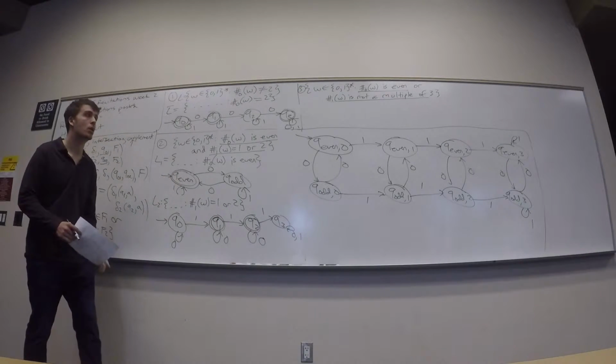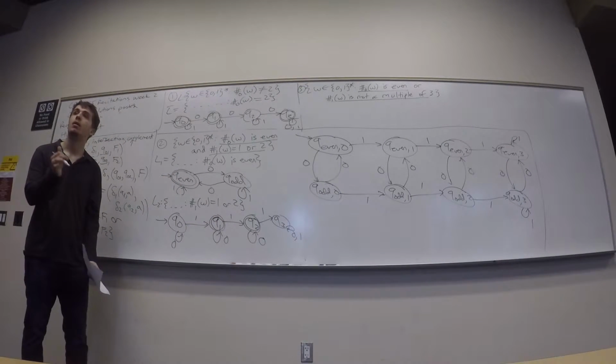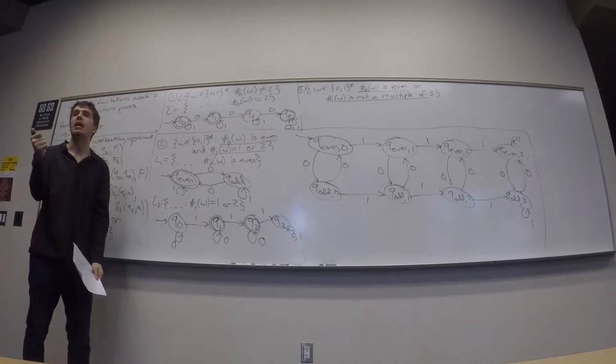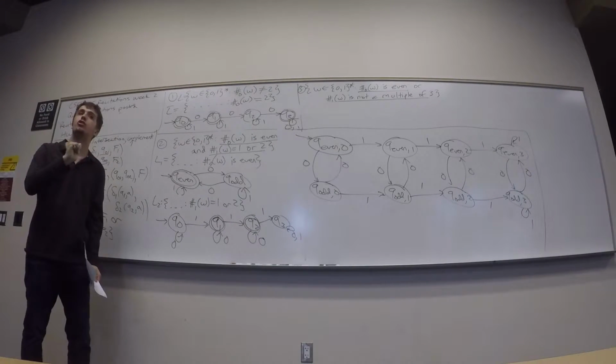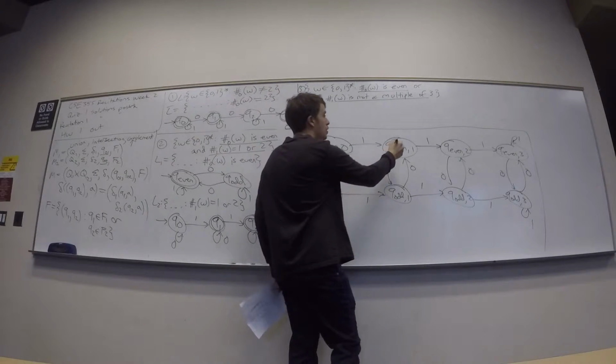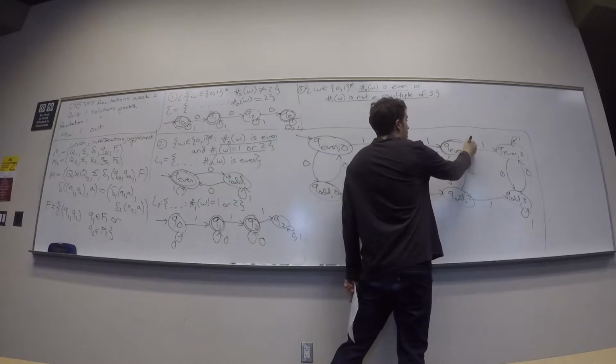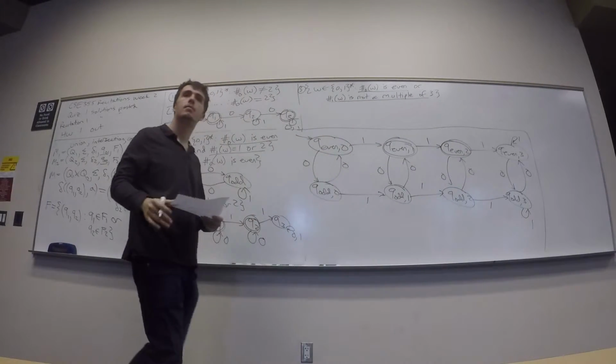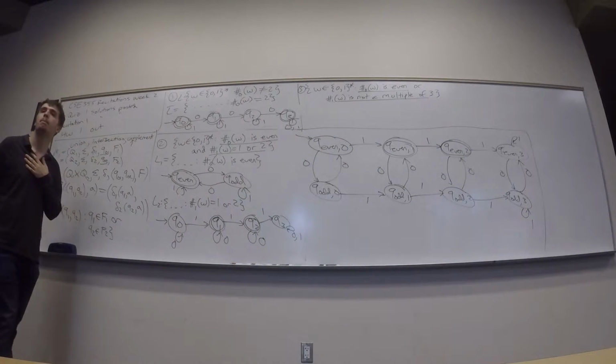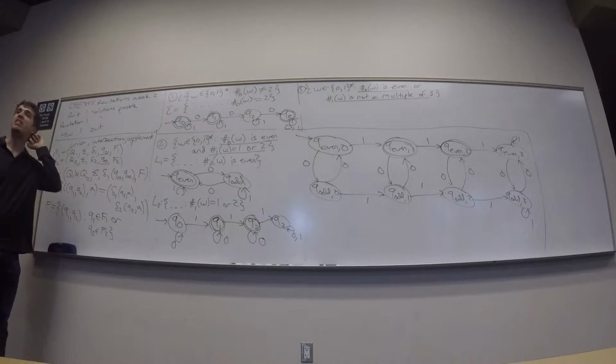Both of those have to be true. So what states are going to be final? Even 1 and even 2. Those are going to be my final states. Are we good with that?